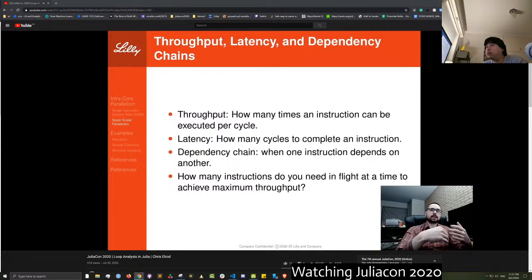So as an optimization, you sometimes have to unroll a loop so that rather than accumulating into a single number, you have multiple accumulations. That way you're able to take advantage of this superscalar parallelism.